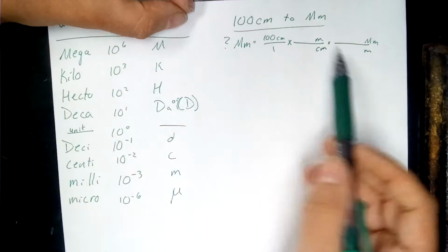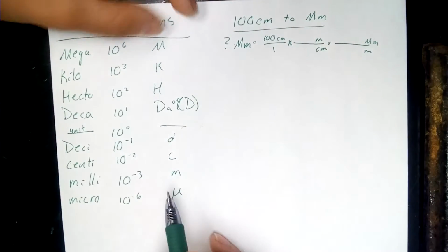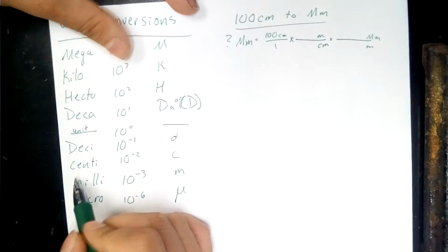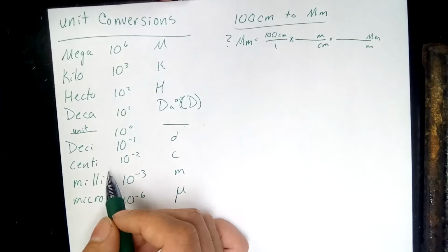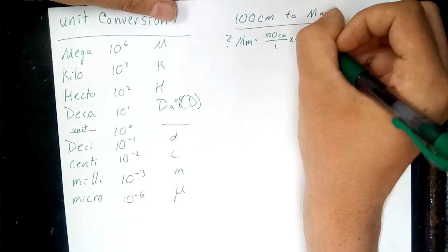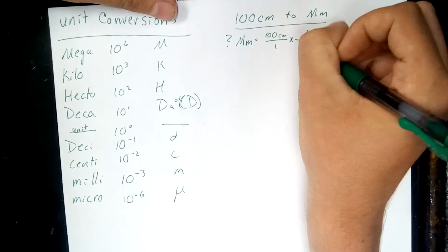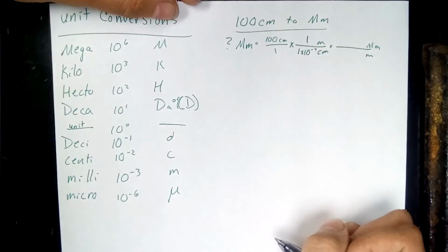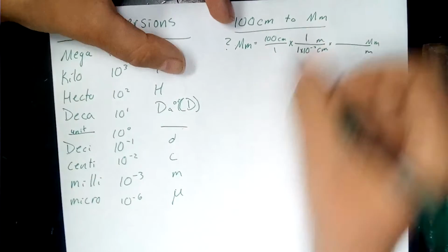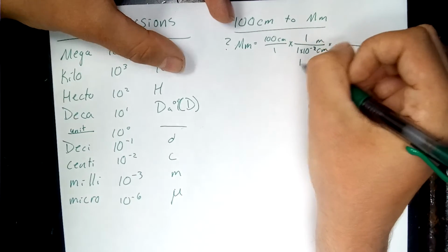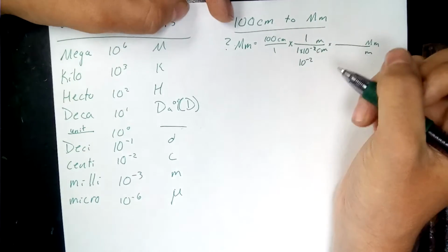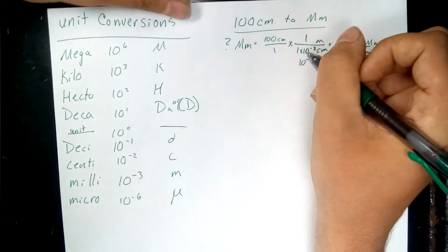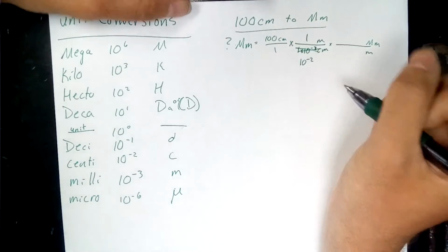Looking back at this, for centimeters, for every 1 meter, it'll be 1 times 10 to the negative 2nd centimeters. Or we could just leave it as 10 to the negative 2nd, because 1 times anything is the same as anything. So we can almost ignore that.